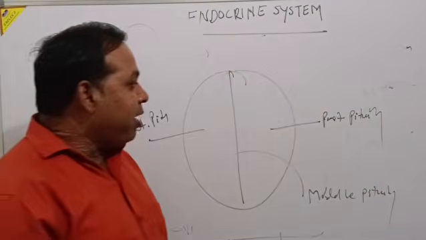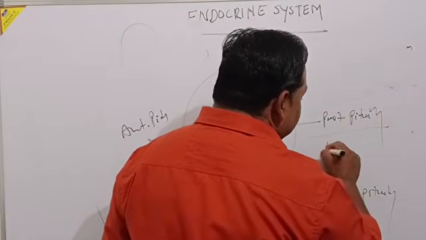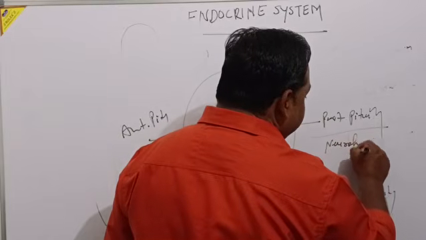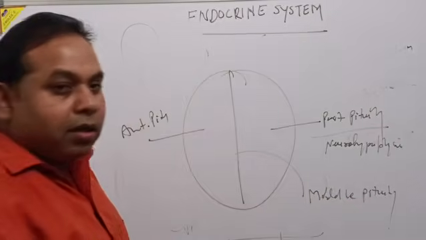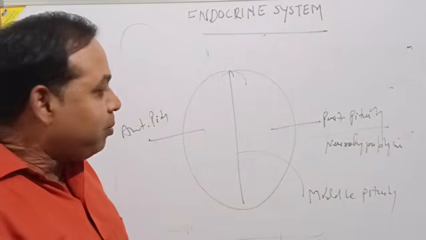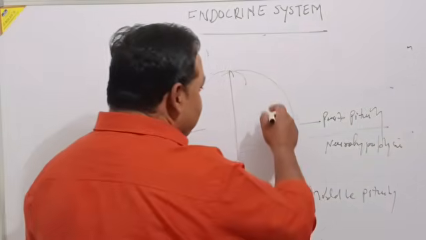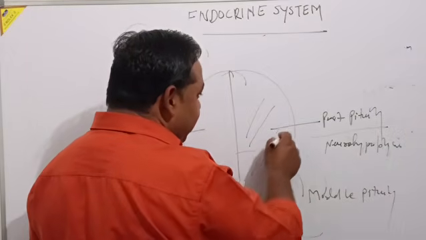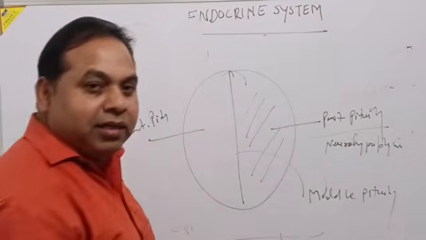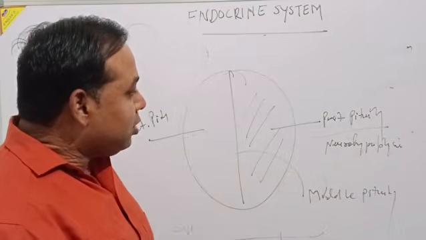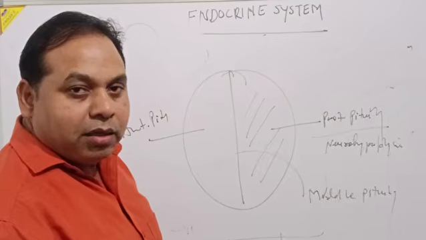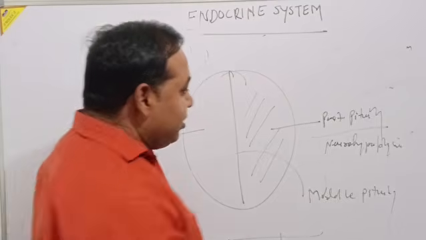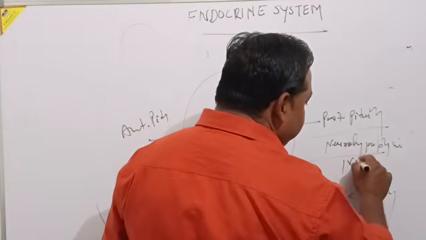The other name of the posterior pituitary is the neurohypophysis. Why is it called neurohypophysis? Because there are a lot of nerves present inside the posterior part of the pituitary gland. That's why the hormones secreted from the posterior pituitary are called neurohormones.